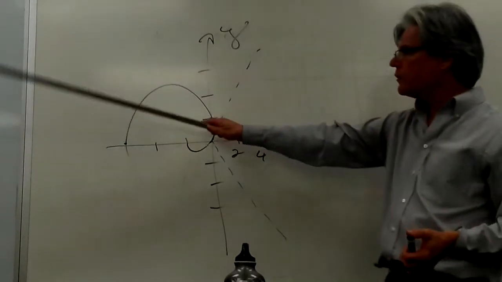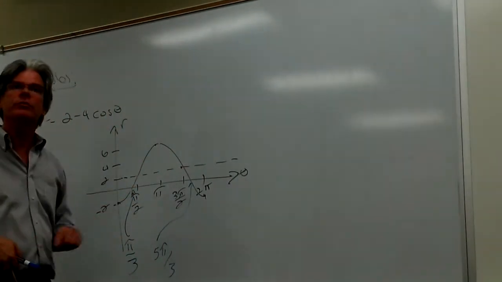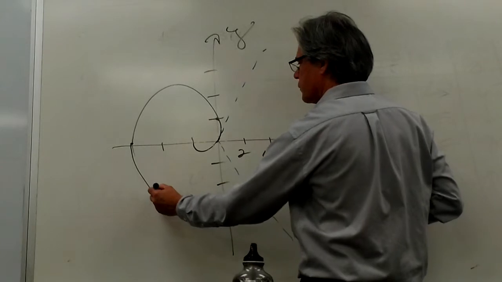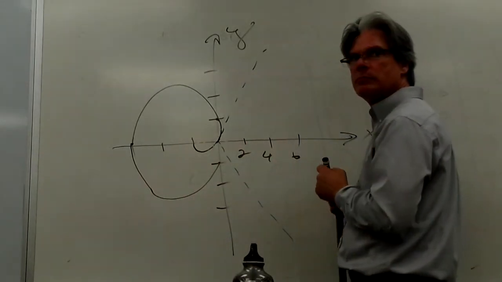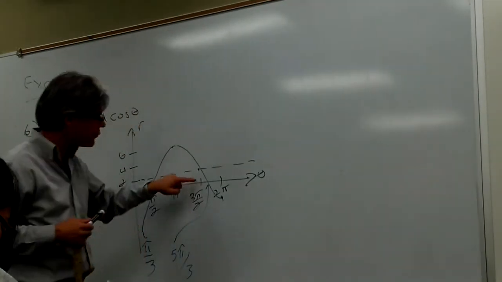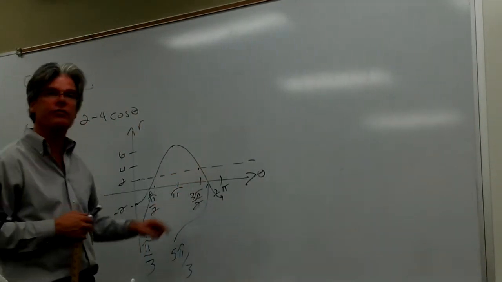I think as theta continues to rotate from pi to 3 pi halves, my r values start changing direction. They now decrease from 6 down to 2. So rotating from here to here, my r values decrease from 6 down to +2. However, for a small amount of rotation from 3 pi halves to 5 pi thirds, my r values continue to decrease from 2 down to 0.